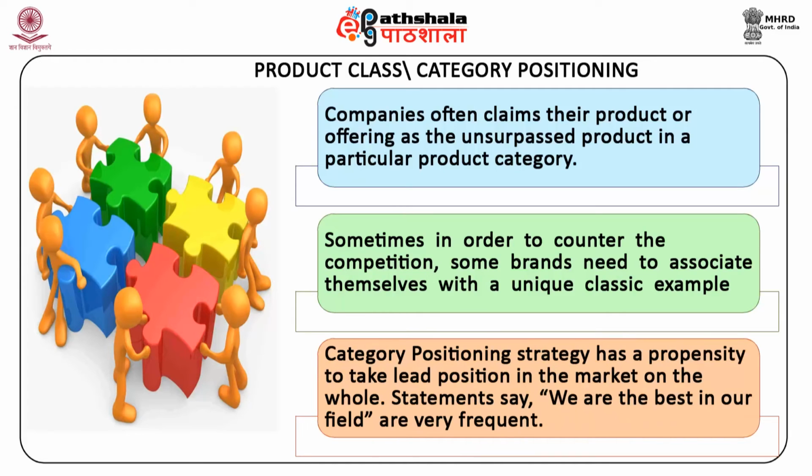Category positioning strategy has a propensity to take the lead position in the market on the whole. Statements like we are the best in our field are very frequent. Example: Nescafe brew positions itself to its target audience as an instant coffee, making it more appealing to them.